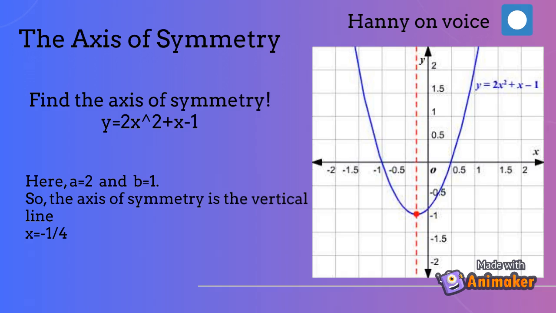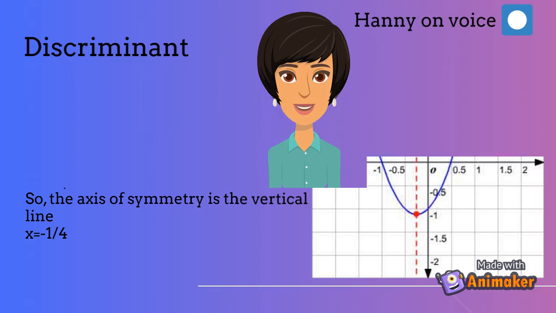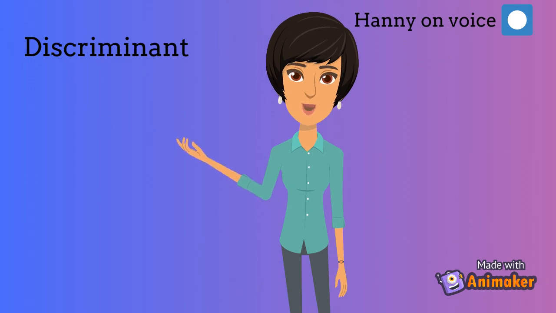So we input the values of a and b into the formula x equals negative b divided by 2a. Then we get that the axis of symmetry, the vertical line, is x equals negative 1 divided by 4. So that's about the axis of symmetry.